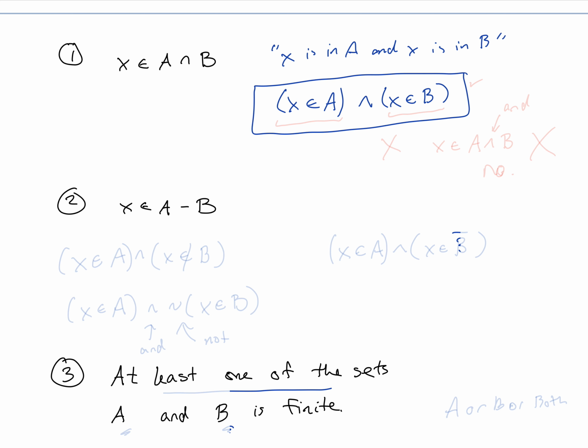A quick note of something that is not what we want to write would be something like X is in A and B, where again, this is the symbol for and. So and, the logical operator and, should separate things that are sort of complete phrases. X is an element of A and X is an element of B. We might say X is an element of A and B, but what we really mean is the intersection.